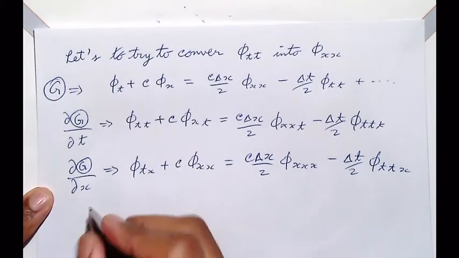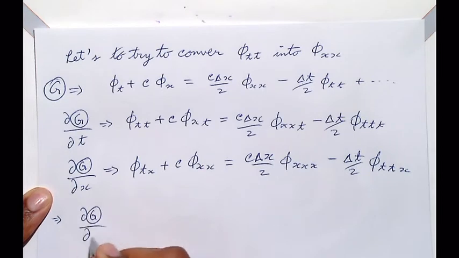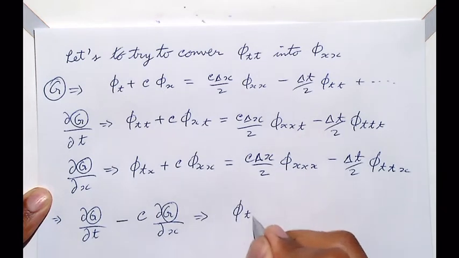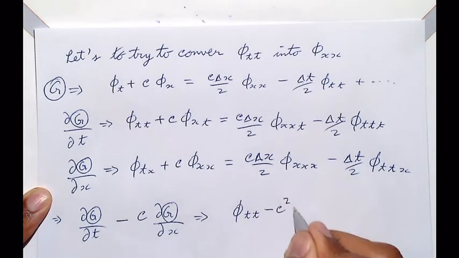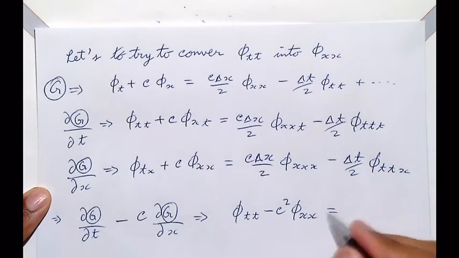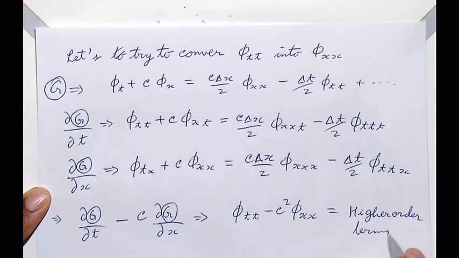I should do the first equation minus c times the second equation, which gives me phi dt minus c squared phi xx equal to this higher order terms. Again, which I'm ignoring.